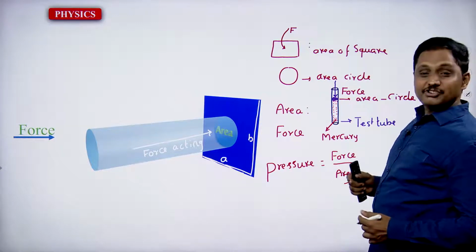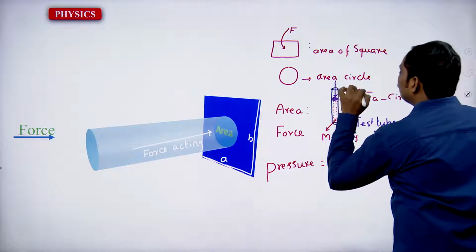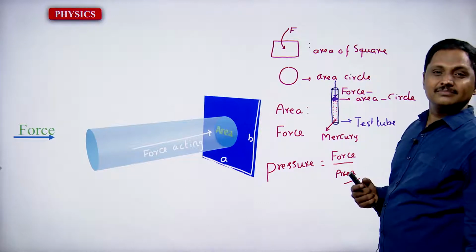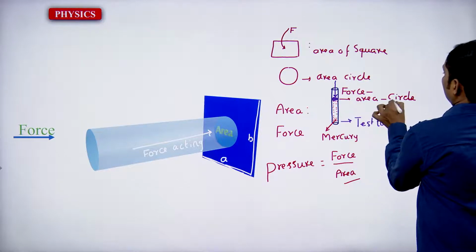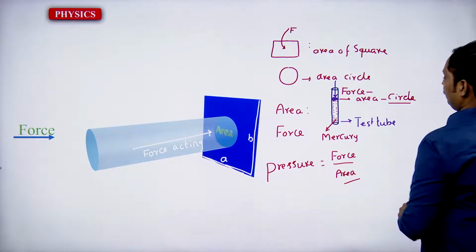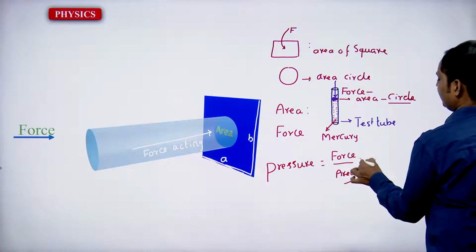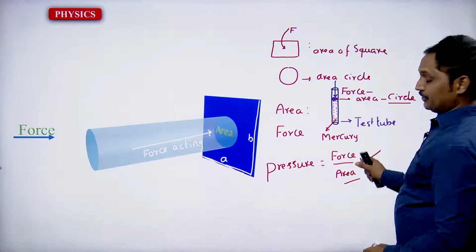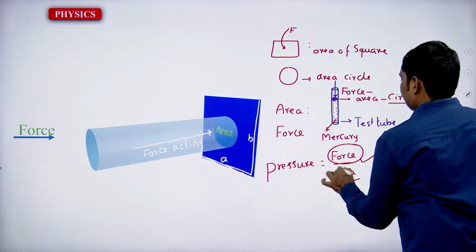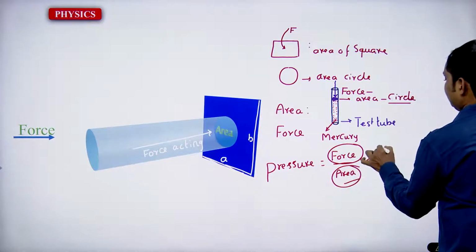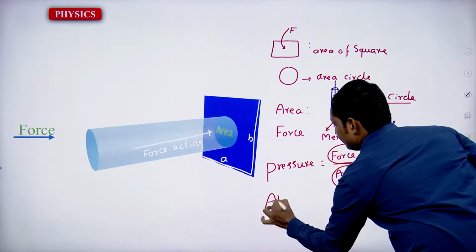So, the atmospheric pressure can be identified by the amount of force acting on what area. Easily you will identify that. Here, this is in the form of a circle, so easily you will find force by area, the atmospheric pressure.